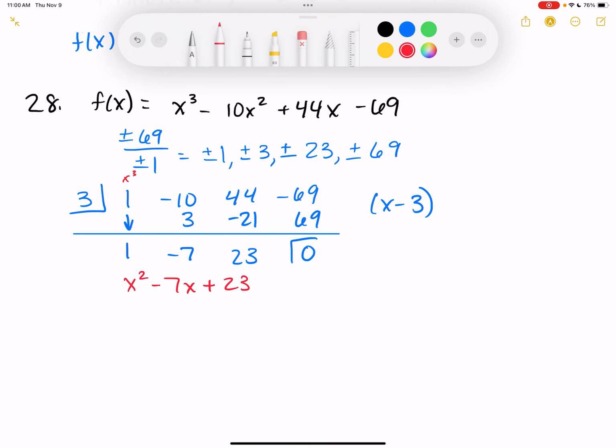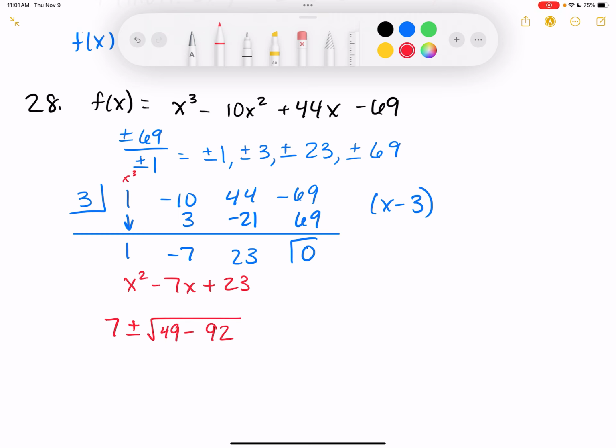Negative b, so it's going to end up being positive 7, plus or minus the square root of b squared, so it's going to be 49, minus 4 times 1 times 23. 4 times 23 should be 92.